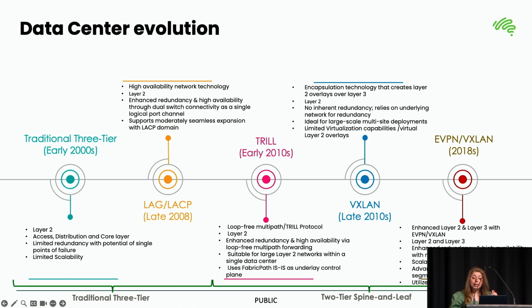EVPN automates the learning and distribution of MAC addresses, and it uses the BGP control plane to distribute MAC and IP reachability information, reducing flooding and improving traffic efficiency. In summary, VXLAN is a basic tunneling technology for creating overlay networks, while EVPN enhances VXLAN to improve scalability, automation, and network efficiency.